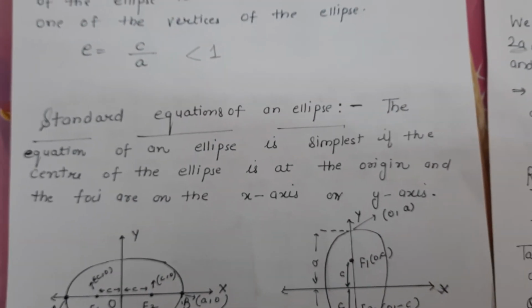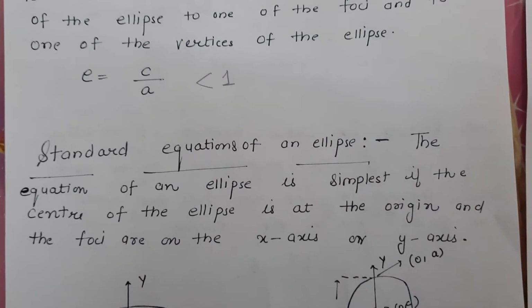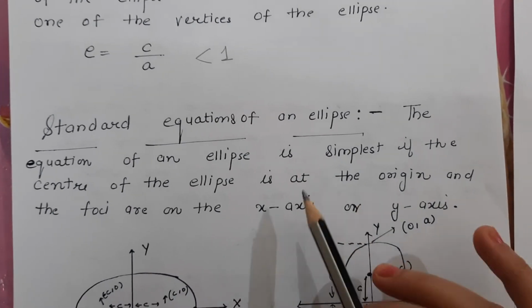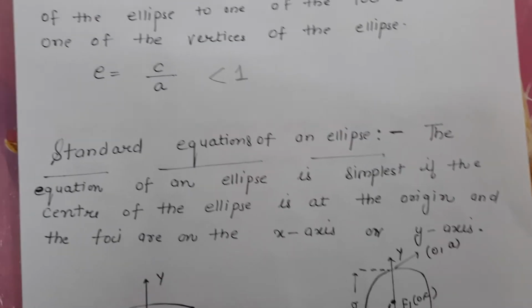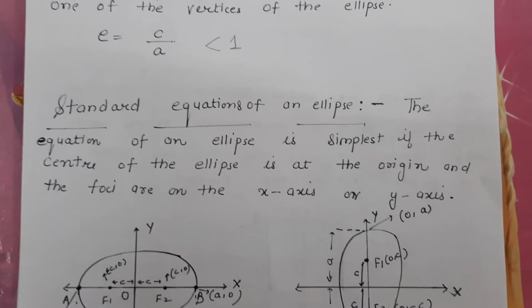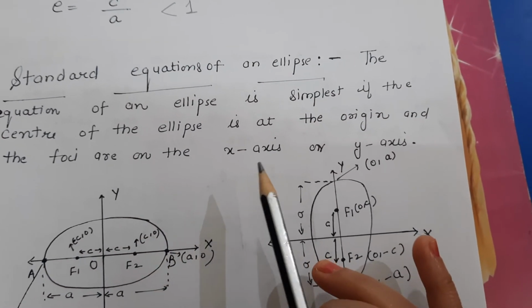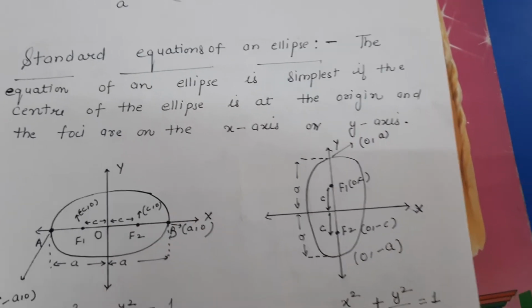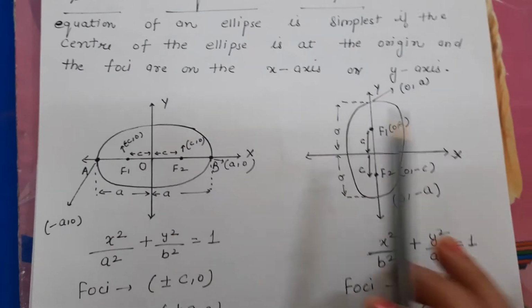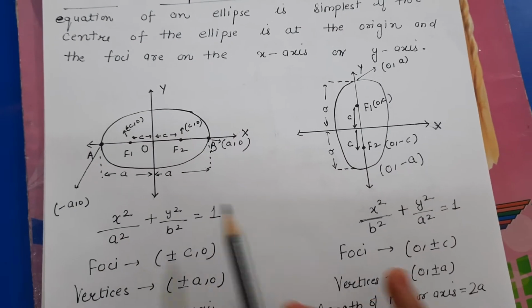Now I am going to discuss some standard equations of ellipse. The equation of an ellipse is simplest if the center of the ellipse is at the origin and the foci are on the x-axis or y-axis. Here I am going to discuss two standard cases of ellipse. This is your first case.